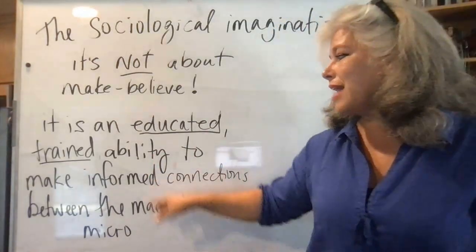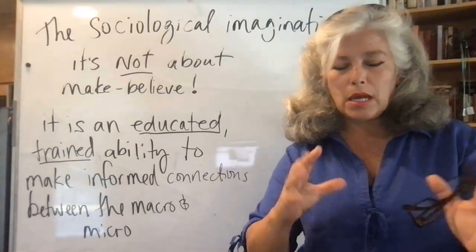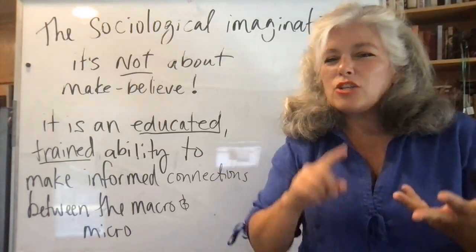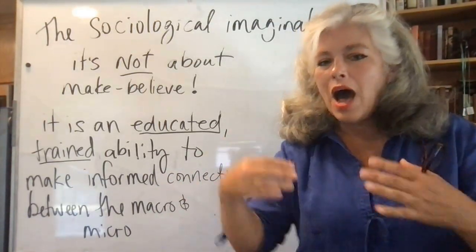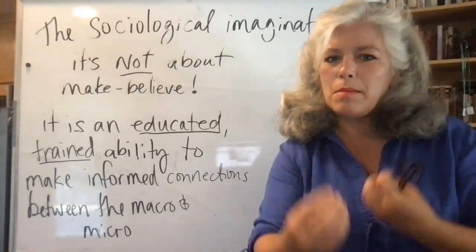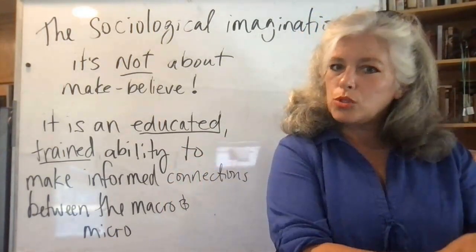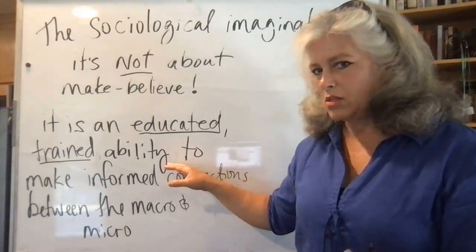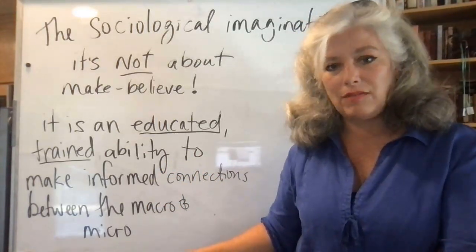This is an educated, trained ability when you look at the components of society like the economy, like the workforce, like social prestige, social position, hierarchy of wealth, middle class, poverty, symbolism about college degree compared to high school dropout. These kinds of things are measurable in society through gathering data using the scientific method.